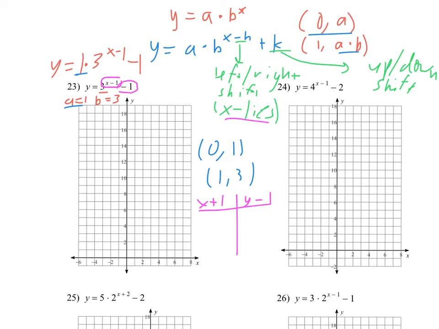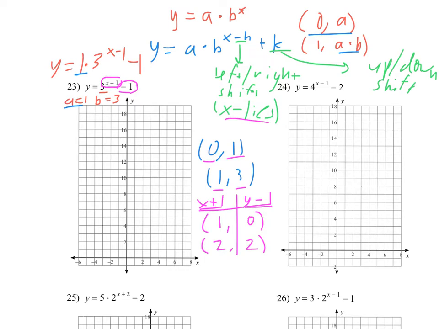So now I need to take these x values that I had and apply these. I had 0, comma 1, so the 0 is going to turn into a 1, and then the 1 is going to turn into a 0. I'm just following these rules right here: adding 1 to the x, and subtracting 1 from the y. Then the next one, I have to add 1 to this x, so that's going to become 2, and I have to subtract 1 from the y, so that's also going to become 2.